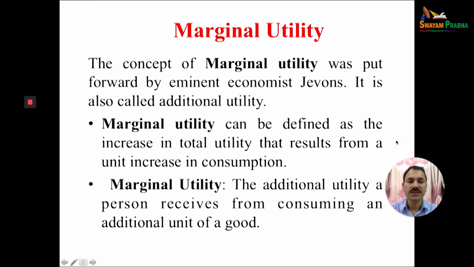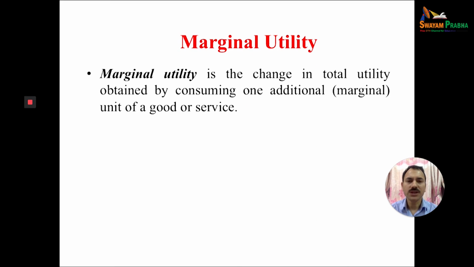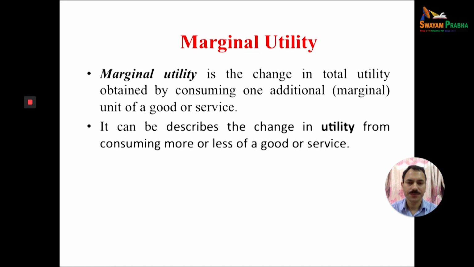Marginal utility is the additional utility a person receives from consuming an additional unit of a good. It is the change in total utility obtained by consuming one additional marginal unit of a good or service.